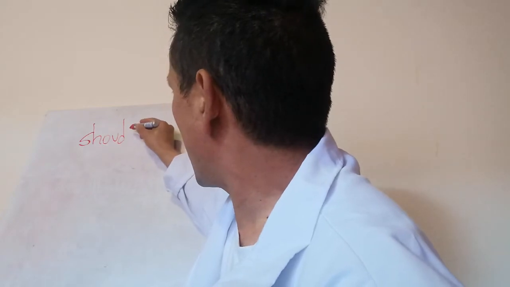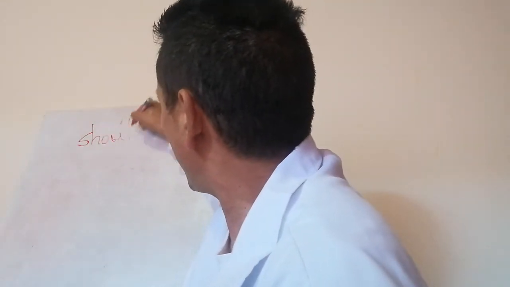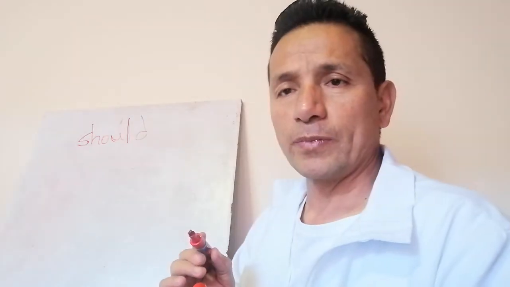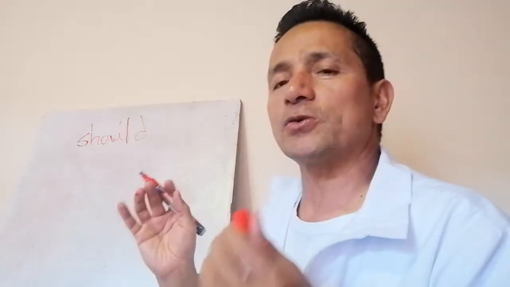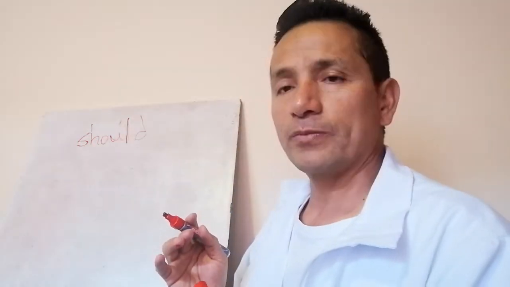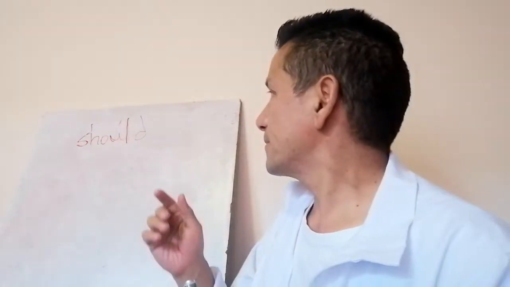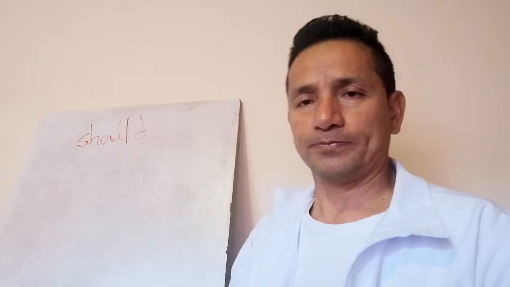This auxiliary, we're going to study. So notice this. Should, this word should, the first thing is to know how to pronounce it. How is the pronunciation? All right. So first, let's go with the pronunciation.